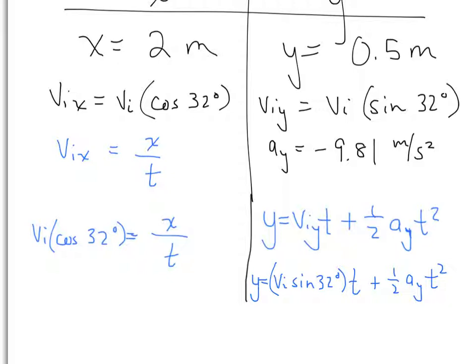So I still don't know Vi. It's here and it's here. I still don't know time. Time is here and time is here and here. Notice that time is in two spots in the right-hand equation.